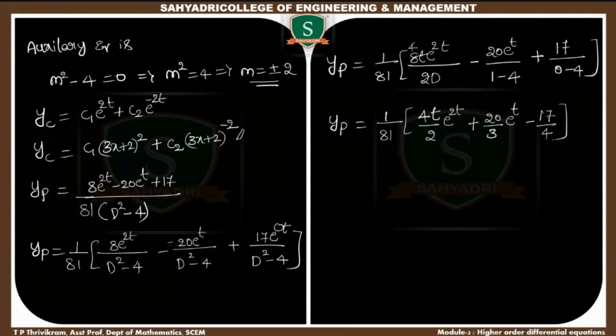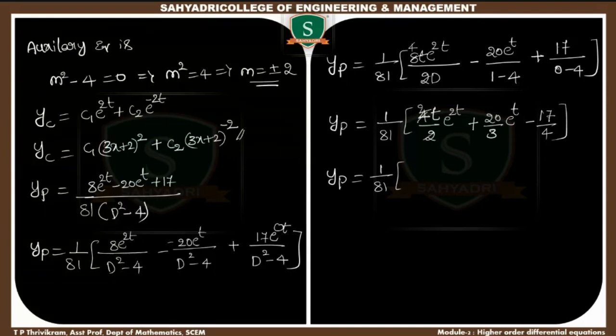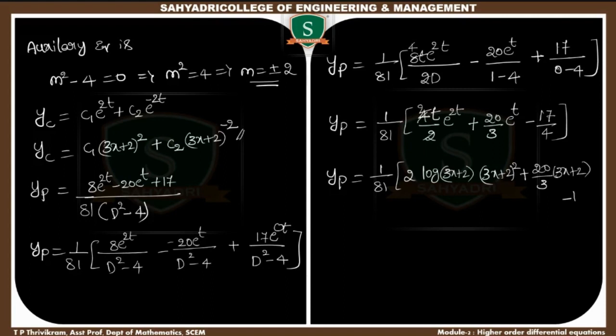Okay, so yp is equal to 1 by 81 into 2 ones, 2 twos again. Okay, so 2t is nothing but log of 3x plus 2. E power 2t is nothing but 3x plus 2 whole square plus 20 by 3 into 3x plus 2 minus 17 by 4.